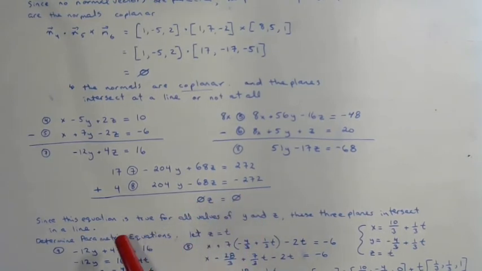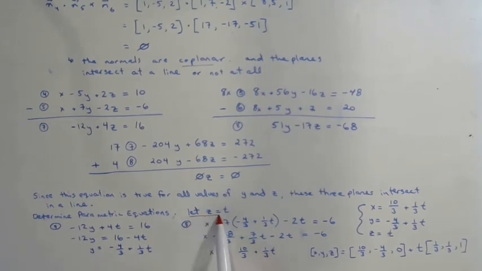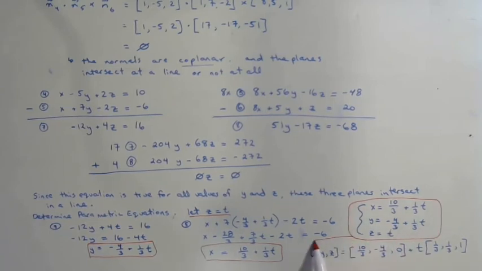That told us that the 3 planes intersect in a line, at which point we needed to figure out what that line was. So we expressed z in terms of t. That allowed us to express y in terms of t and x in terms of t. That allowed us to write a parametric equation and a vector equation for the line on which these 3 planes intersect.